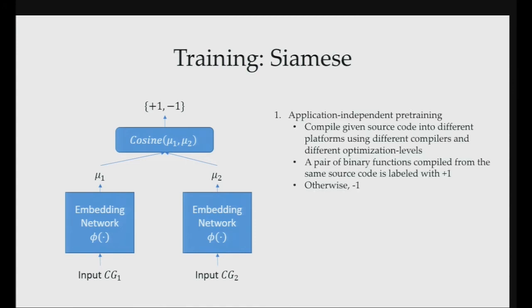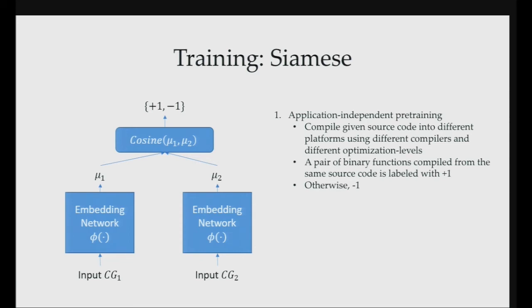Inspired by this approach, we can have two kinds of training methods. One is so-called application-independent pre-training. For example, given the same source code, we can compile it into different binary formats, using different compilers, different platforms, and different optimization levels. For two binary functions compiled from the same source function, we label them as similar.